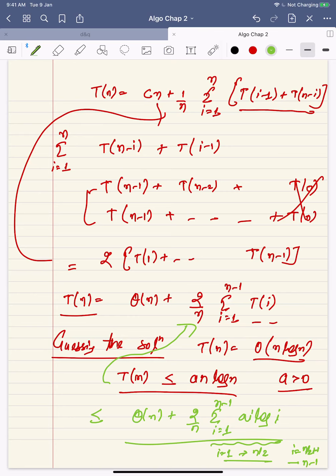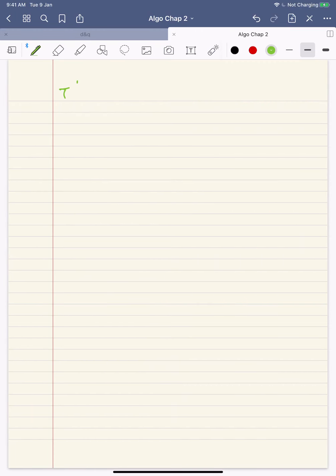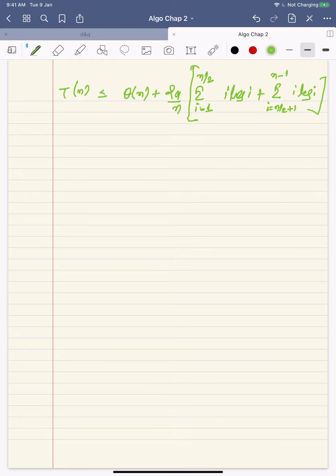So Tn is less than or equal to theta n plus 2a by n, sigma i equal to 1 to n by 2 of i log i, plus sigma i equal to n by 2 plus 1 to n minus 1 of i log i. I have done nothing.